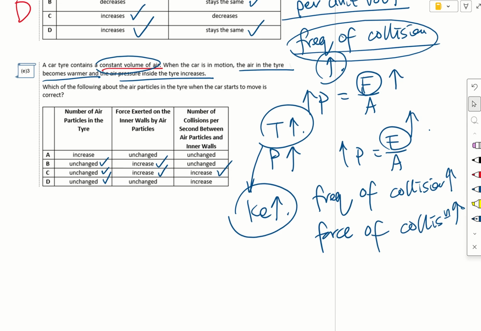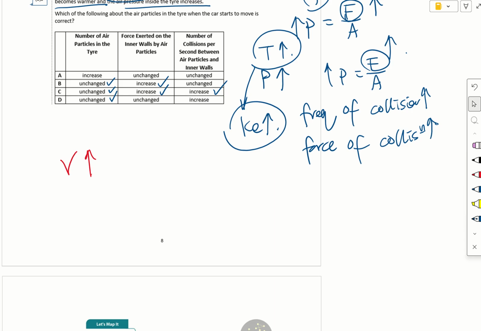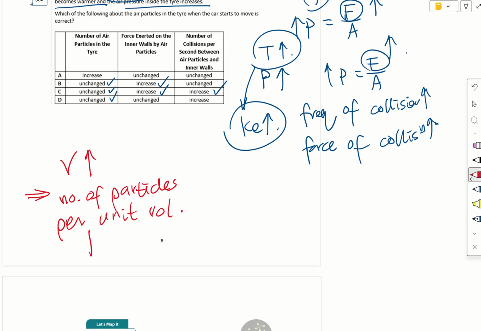Okay, so maybe we can sum up the two effects. The first one is when volume increases. Okay, so what happens when the volume increases? The number of particles per unit volume actually decreases.